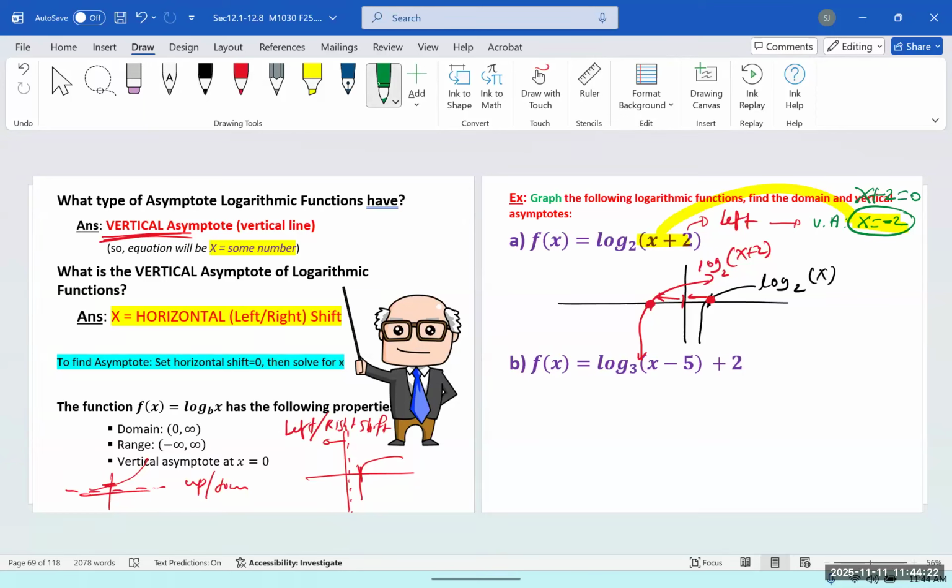That gives us x equals -2. So this is -1, so -2 is here. This is the line that it cannot cross. This is its boundary. So that's why they're asking, well, what's the domain then? What is the smallest x value you have? -2, but you cannot touch it, so a parenthesis, until infinity. So domain, vertical asymptote.